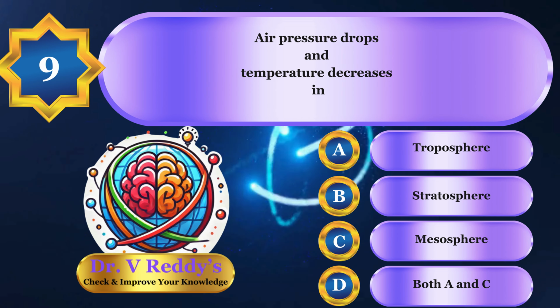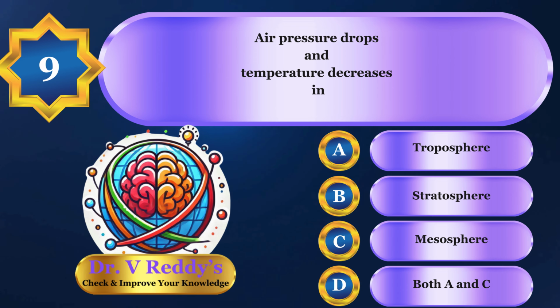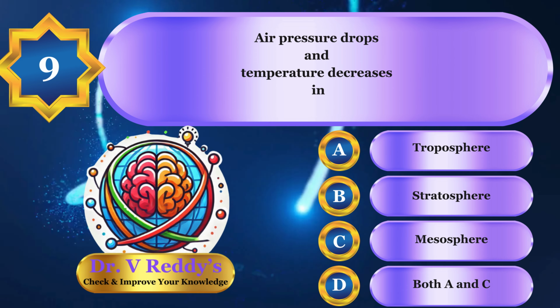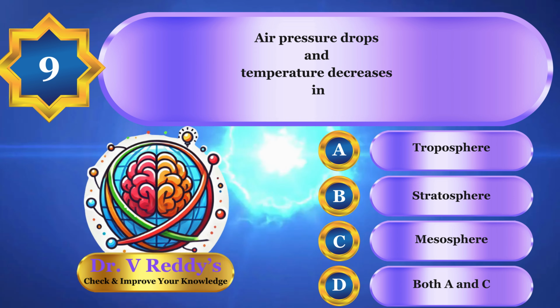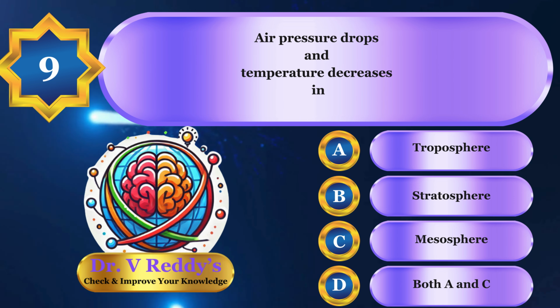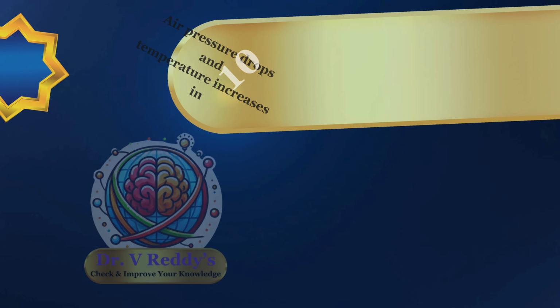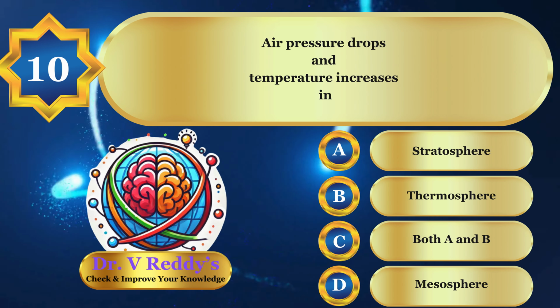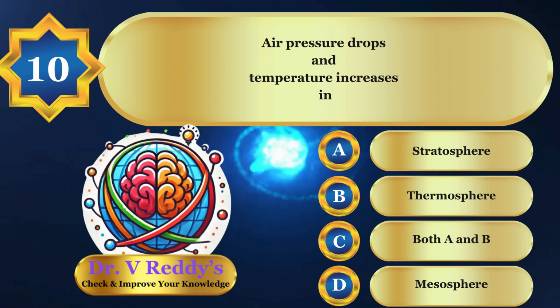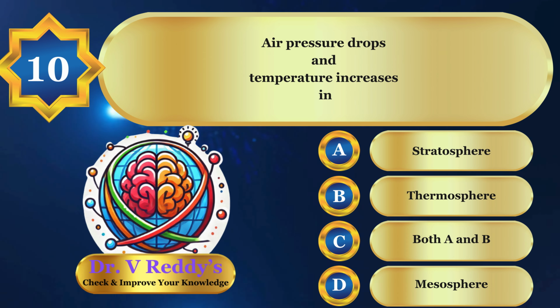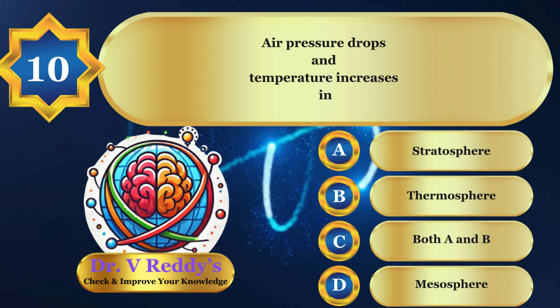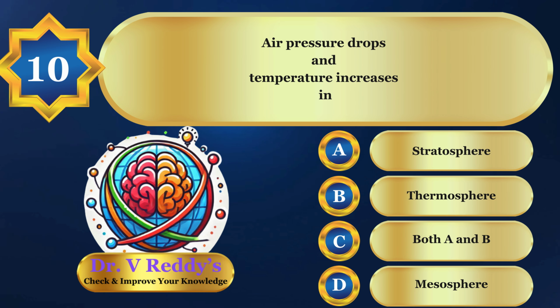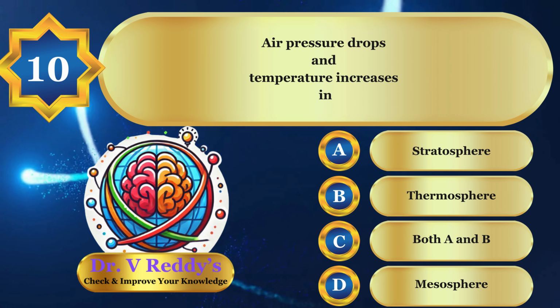Air pressure drops and temperature decreases in A. Troposphere, B. Stratosphere, C. Mesosphere, D. Both A and C. 10. Air pressure drops and temperature increases in A. Stratosphere, B. Thermosphere, C. Both A and B, D. Mesosphere.